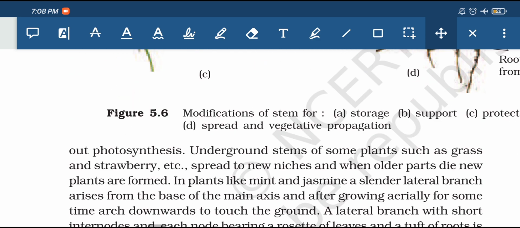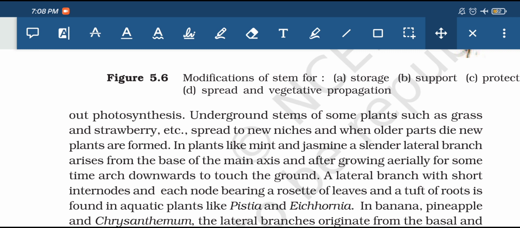So here, first they are explaining the underground stem. Some plants like grass and strawberry have an underground stem which helps in spreading to new niches. It spreads out, and when the older part dies off, it cuts itself off and forms a new plant body.